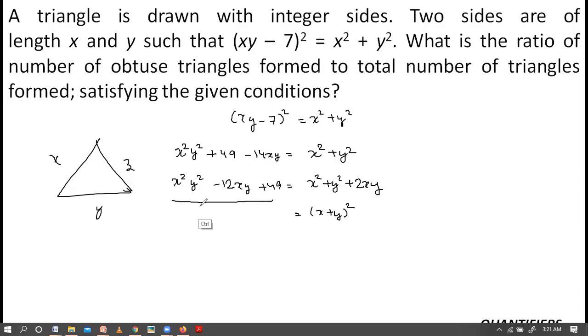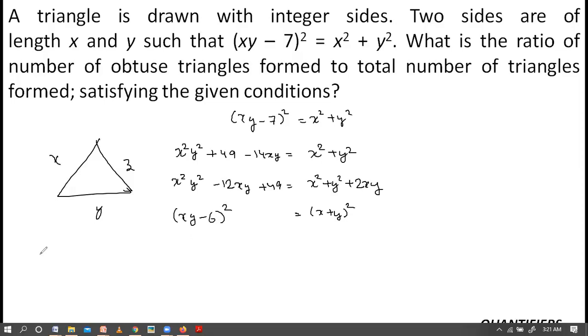If I compare it, see, in between there is -2xy. So I'll compare it with a^2 + b^2 - 2ab. What is my a^2? a^2 is x^2 y^2, so it is (xy)^2 - 2ab. a is already xy, so b is 6. So basically it will be nothing but (xy - 6) whole square, right?